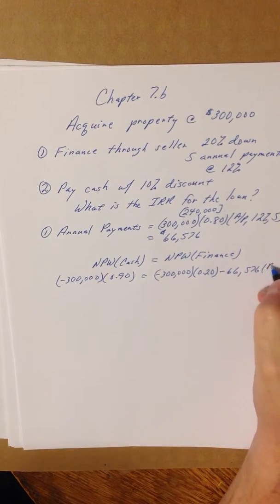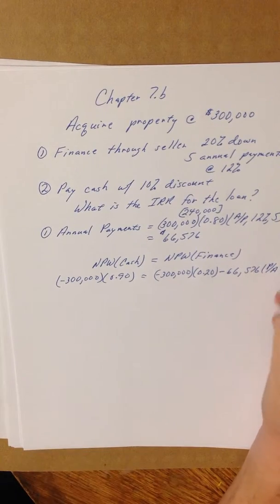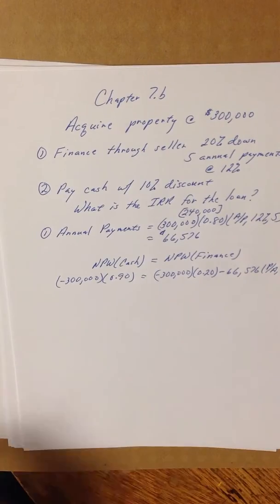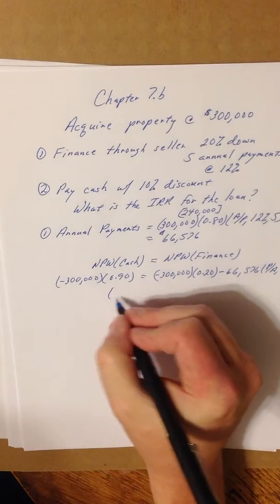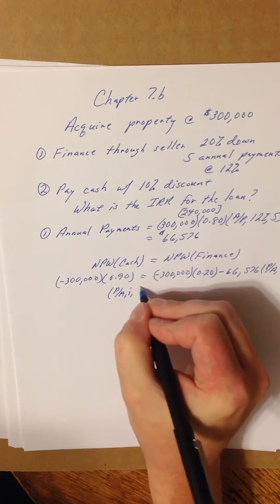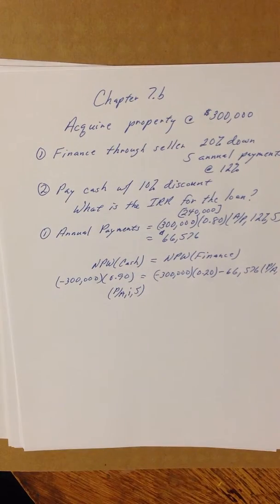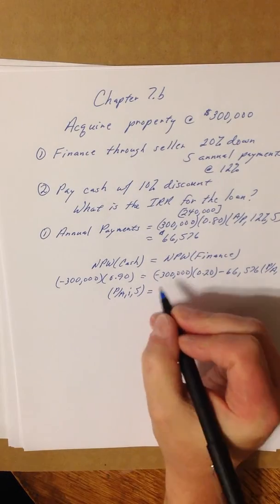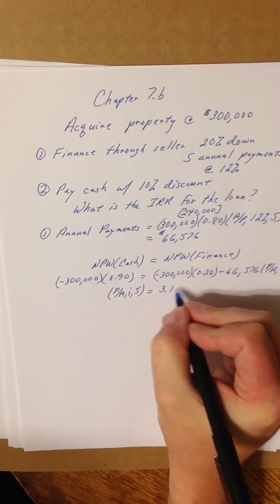So we want to move that to the present worth, to find a P given an A at some interest rate for 5 years. When we do all the calculations out, we find that our factor, P given A at some I% for 5 years, is equal to 3.154.